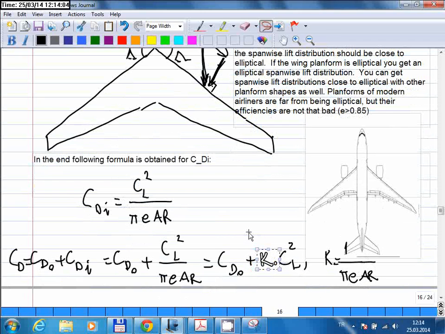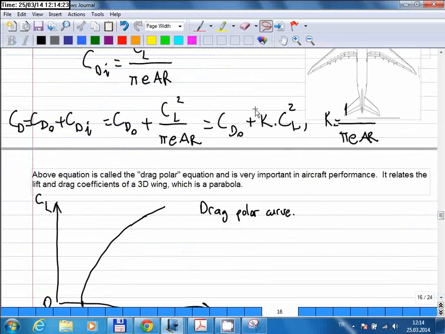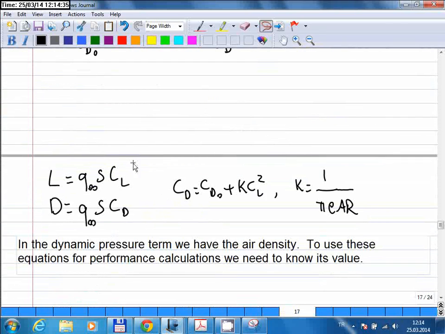So I will either give you the value of the K parameter directly, or I will give you the Oswald efficiency factor for the aircraft I will ask you to study. And once you know the value of the K parameter, then that means you know the drag coefficient value, and you need to know the value of the lift coefficient as well, and you'll be using these coefficients in these equations, right?